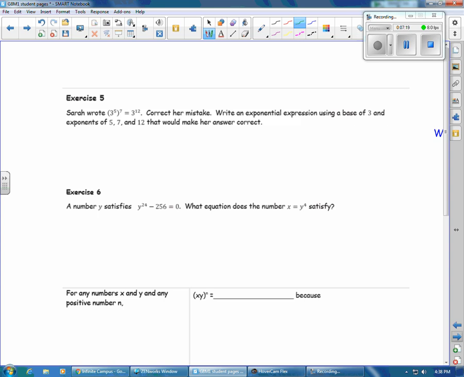First of all, hopefully you're recognizing her mistake right off. She added her exponents instead of multiplying them. What she should have done is multiplied her exponents. So this should be 3 to the 5 times 7, or 3 to the 35th power. That's what would have been correct with the way the problem was presented.